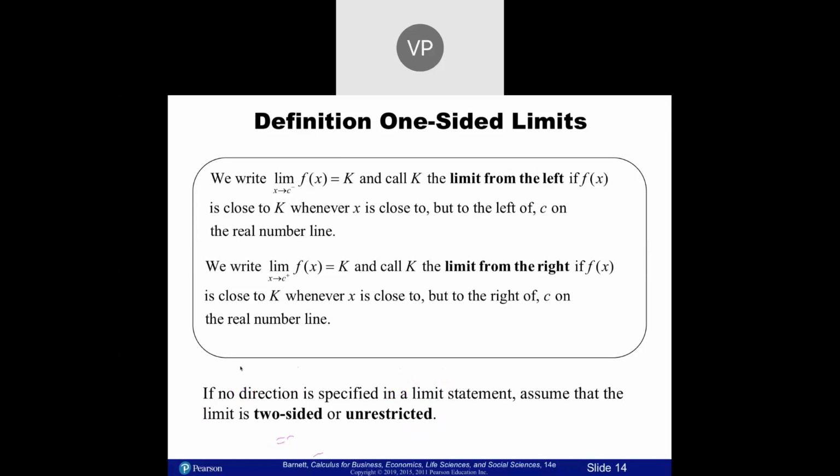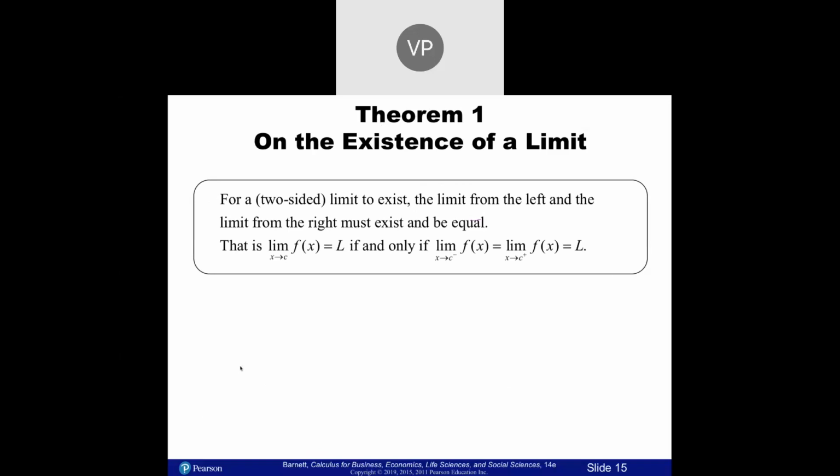You have to find it from both directions. So if you see the little minus, just find the limit from the left. If you see the little plus up there, go find it from the right. If you don't see any of those, you have to find both.